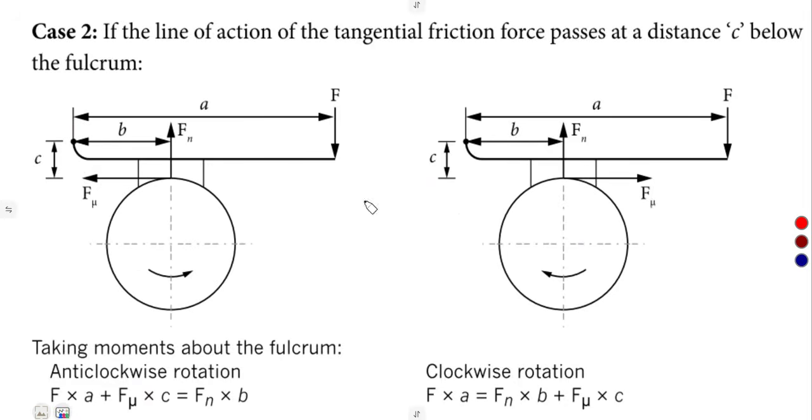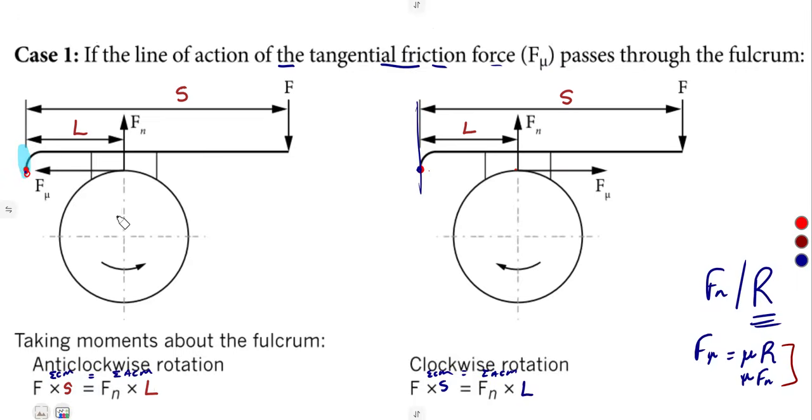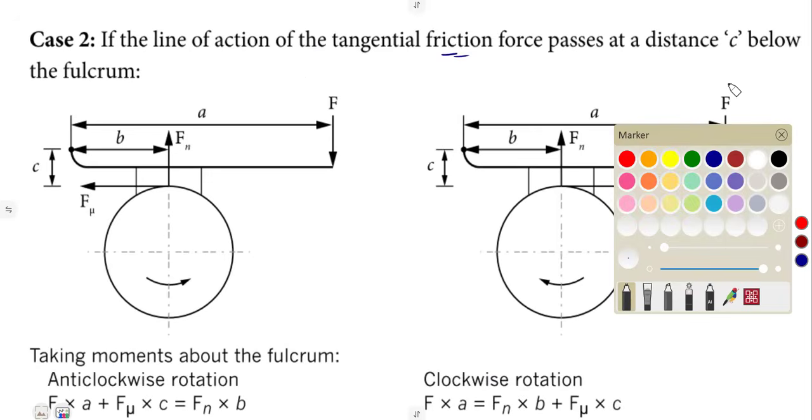But you are going to consider it in this case, when the line of action of the tangential force, which is our tangential friction force, passes at a distance c below the fulcrum. Here I don't just want you to take this as it is, because I'm going to change it and use the same as what I have here, the L and the S. So the C is representing the thickness.